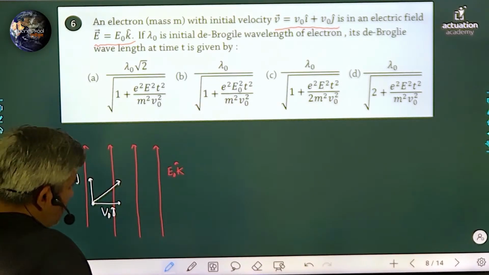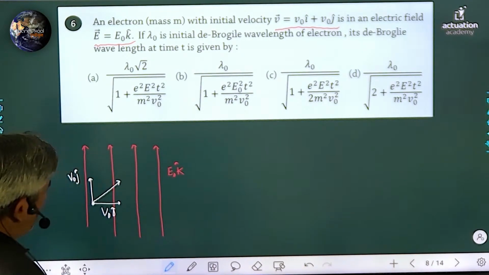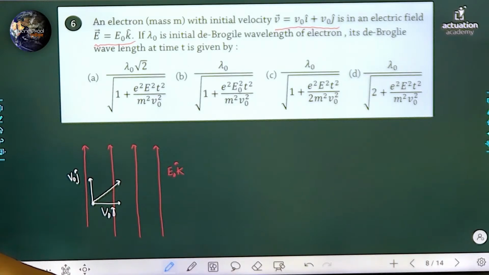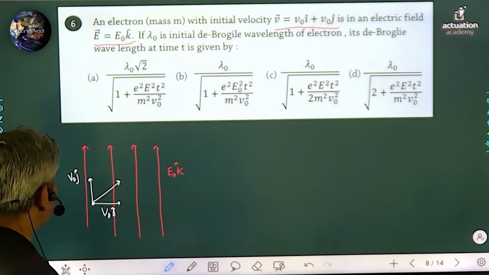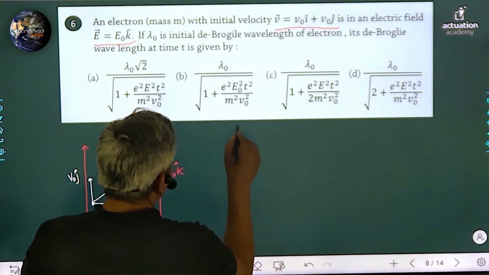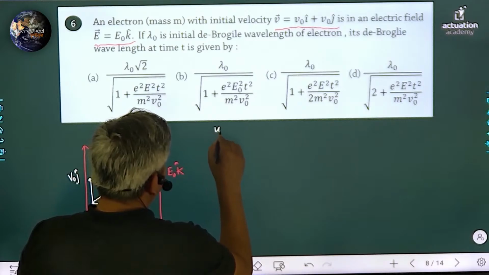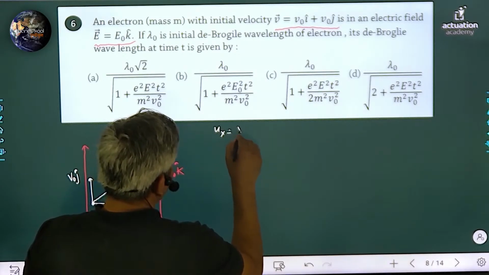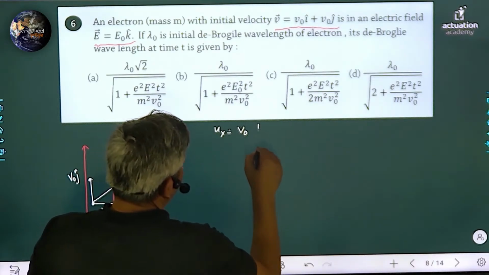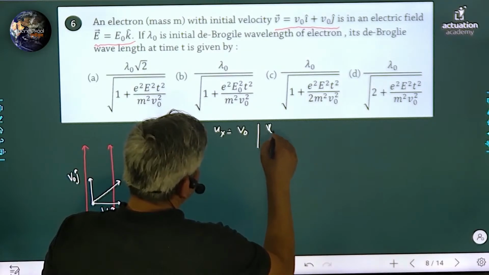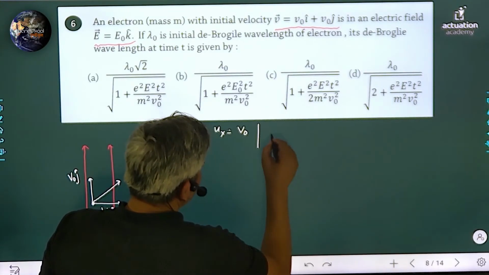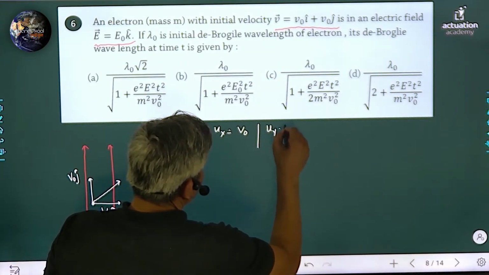So let's first find out what will happen to the electron after time t. We can easily write down in x direction the initial velocity is v0. In y direction the initial velocity uy is equal to v0.